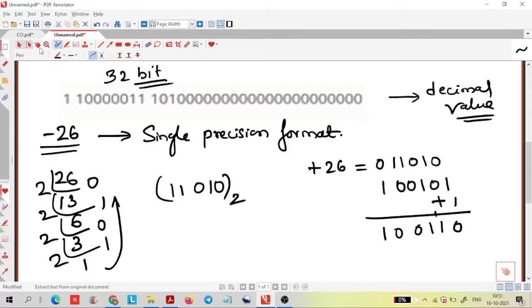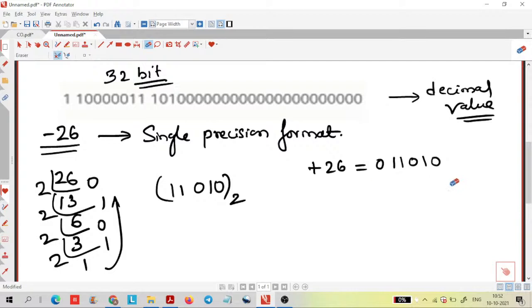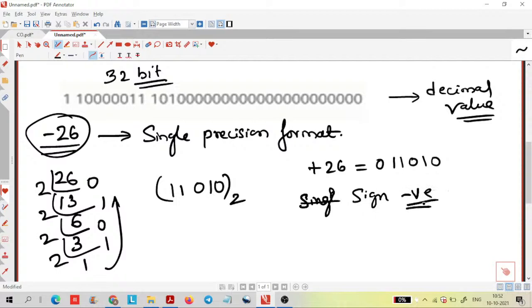Here they asked for the given number minus 26, so the sign is negative, and that is 1.